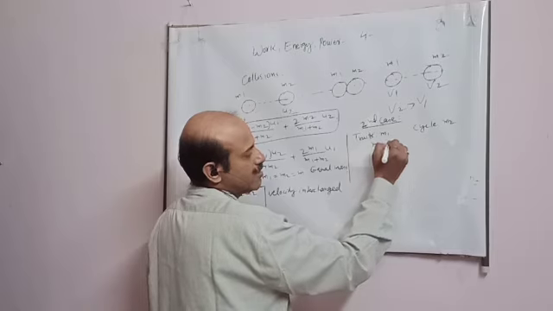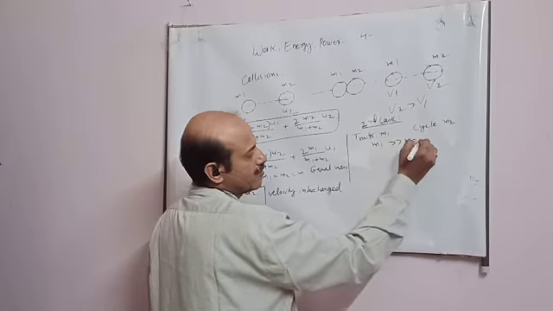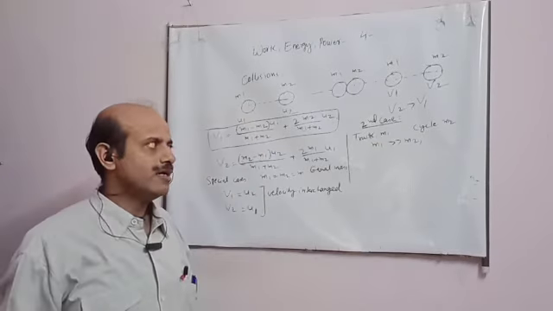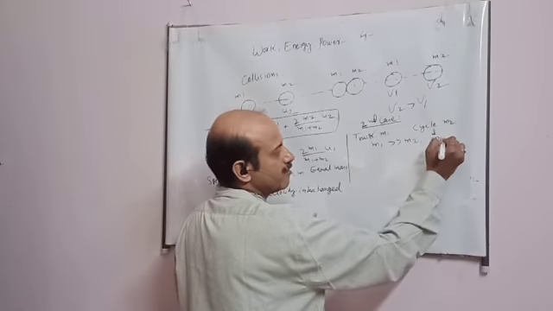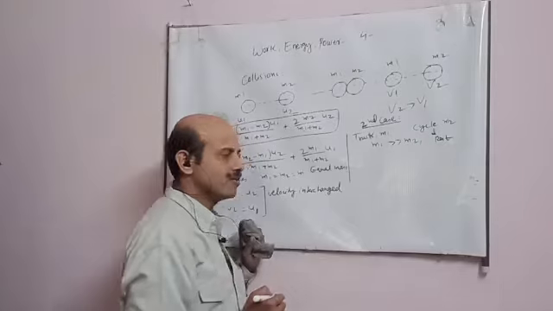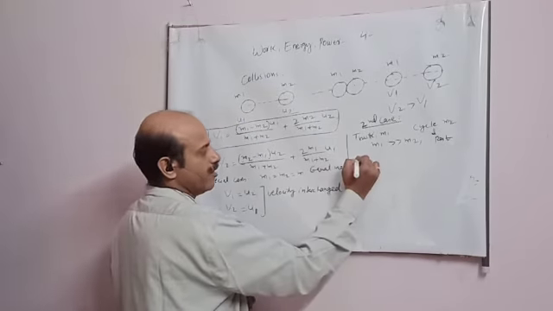So the truck is much heavier than the cycle. Now the truck is colliding with the cycle and suppose the cycle is stationary. Then what are the velocities? Okay, V1.